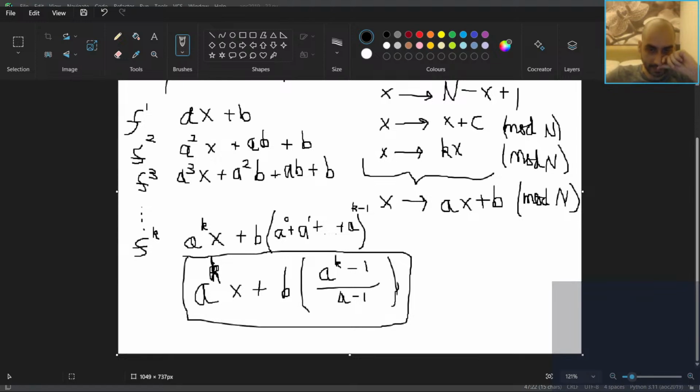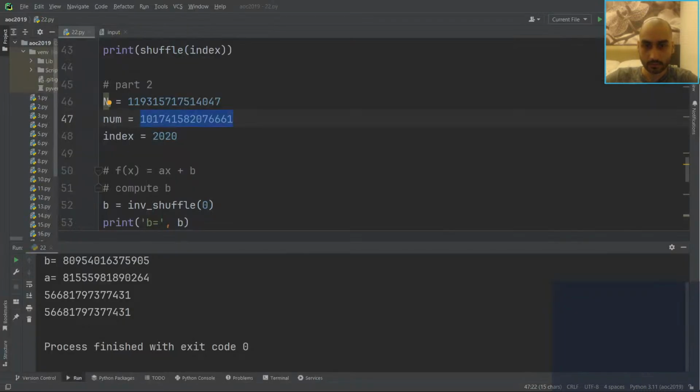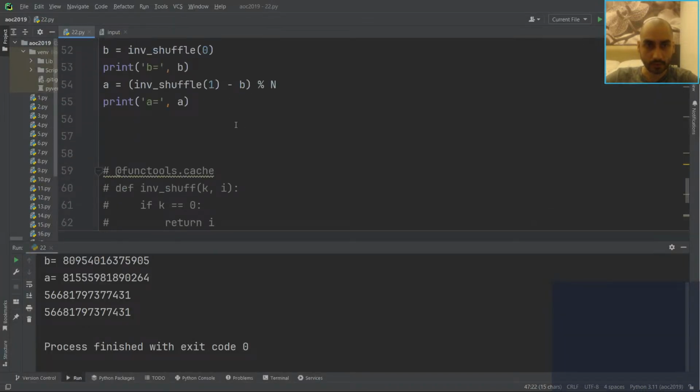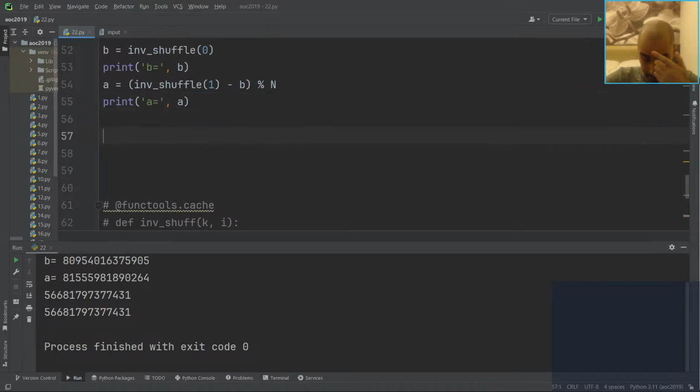But I mean, we're basically there now, aren't we? We're just applying 2020 with BX here. So once we've got that, let's compute the BA bit.